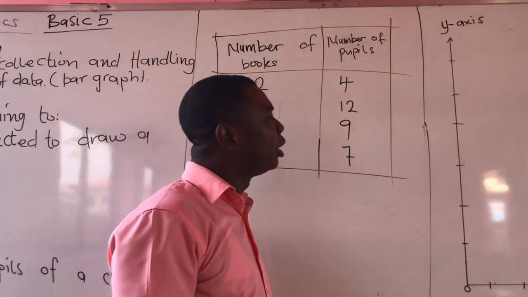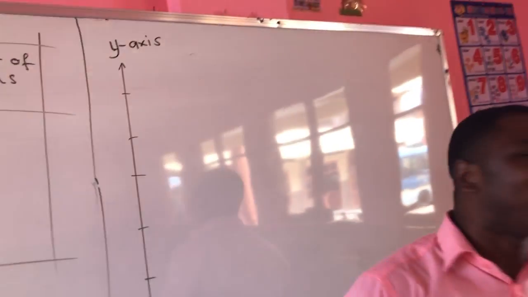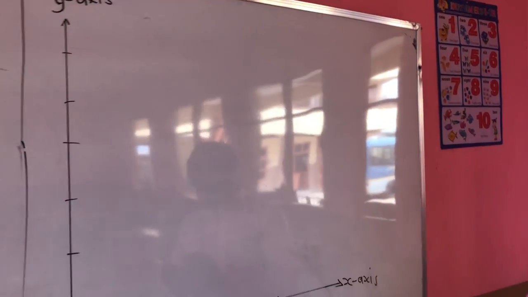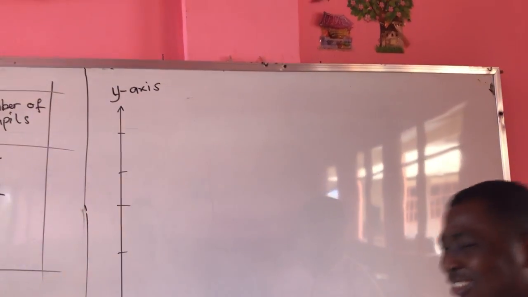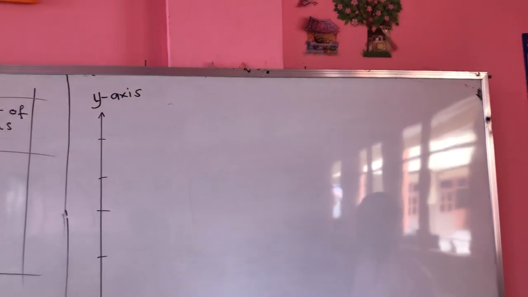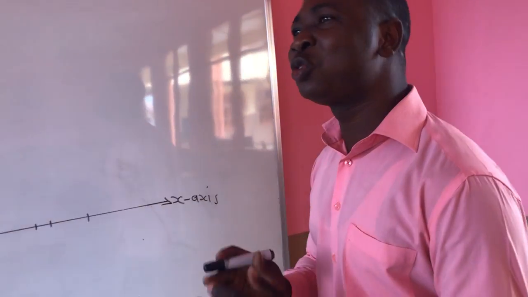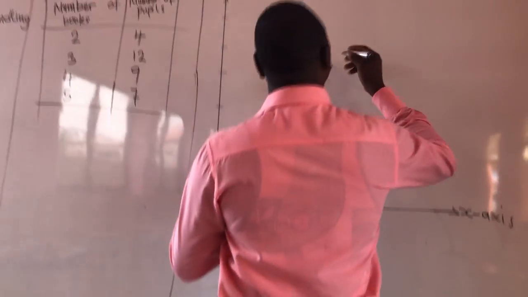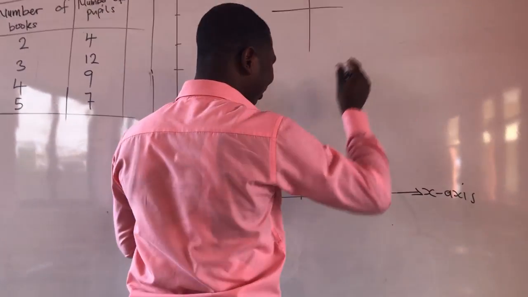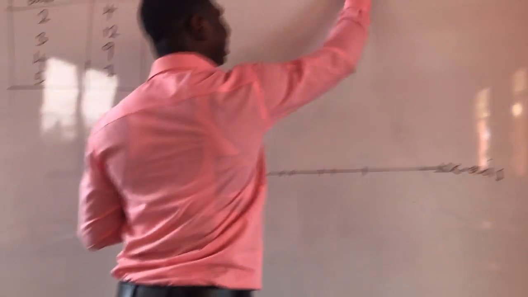First of all, to plot the bar graph, you have to draw your y and x axis as usual. You draw your y and then x axis.